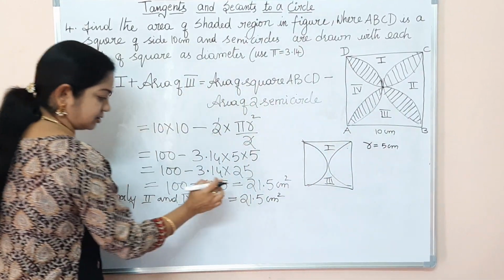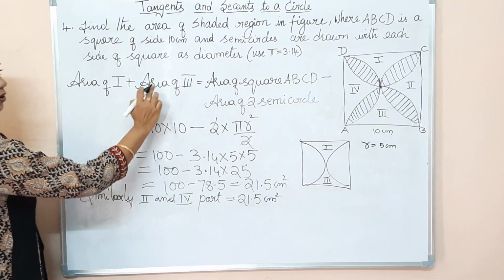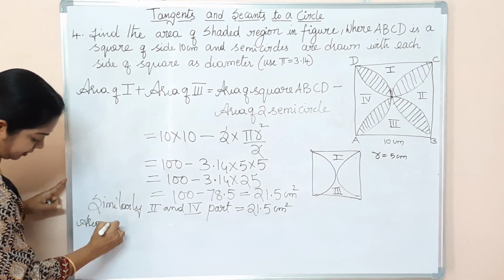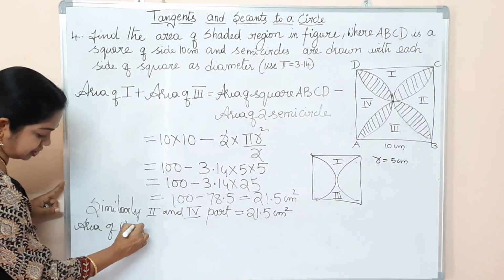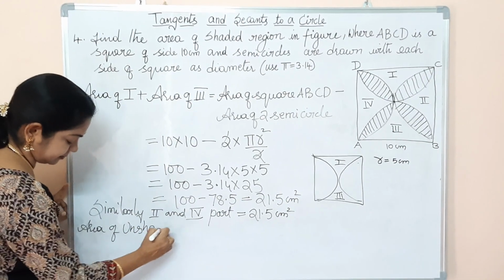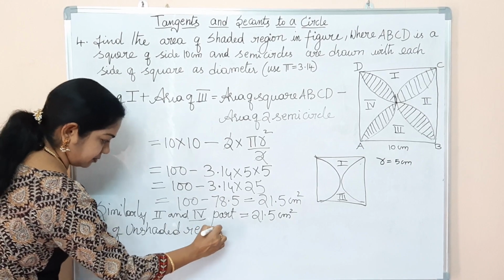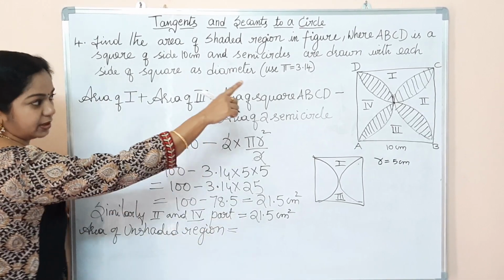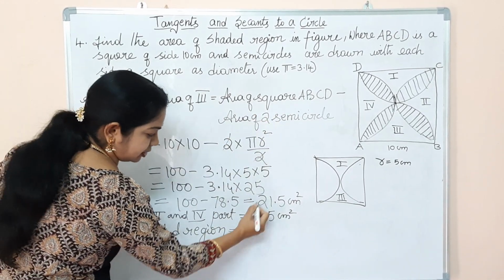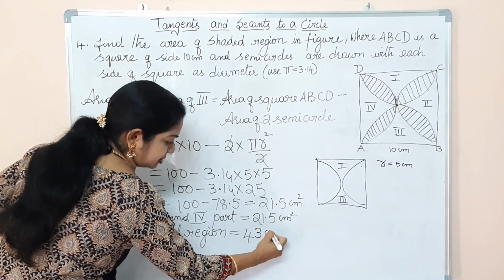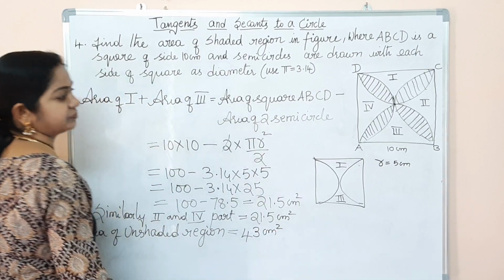So that is also 21.5. Overall, the area of the total unshaded region equals 1, 2, 3, 4. That means 21.5, 21.5. It comes to 43 centimeter square.